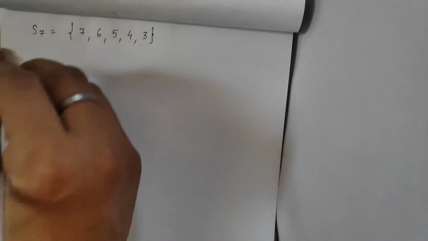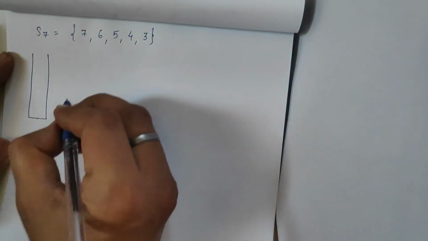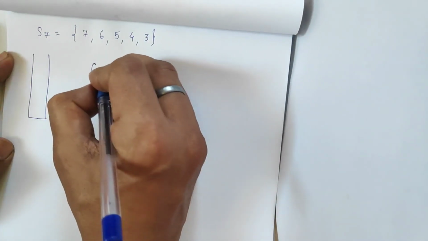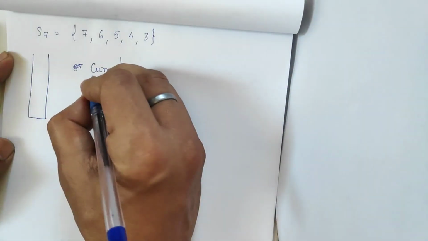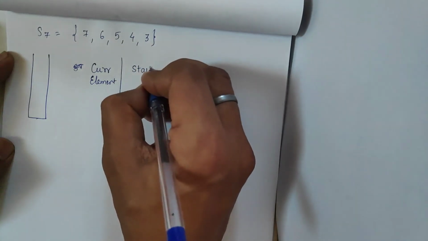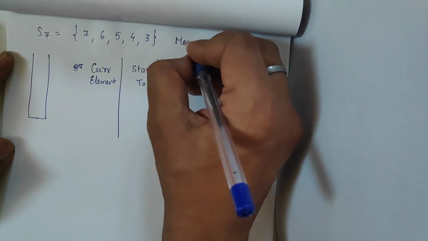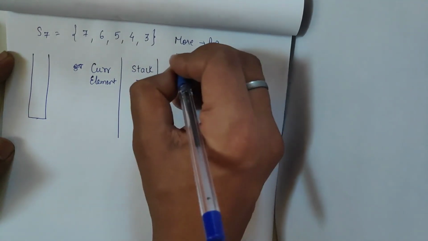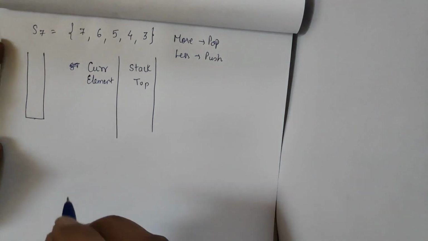Now let us do one thing. Let us design a stack. Right? So we have the current element, and we have the stack top. So if more, then pop; if less, then push.